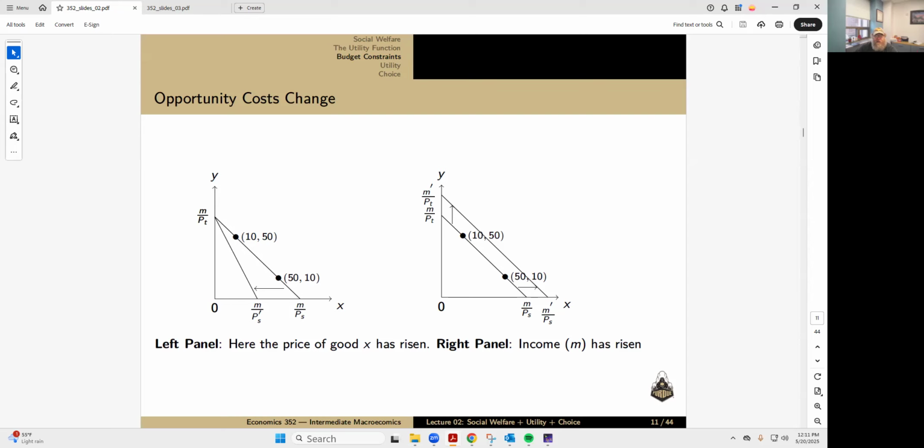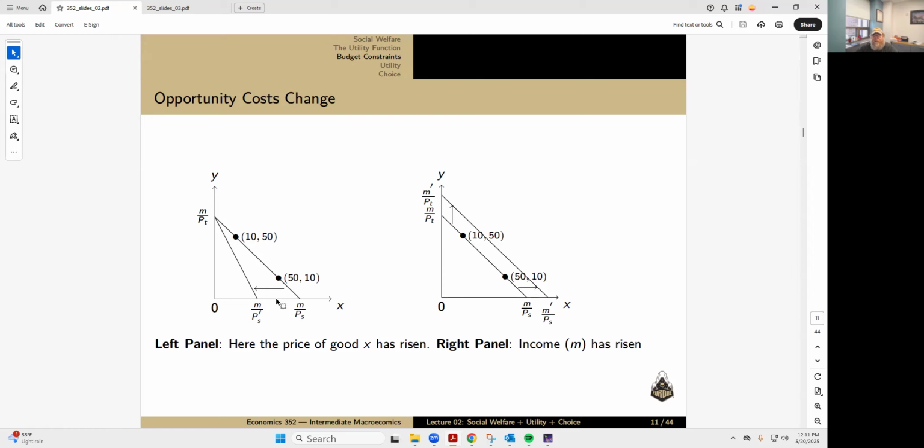So if I move from, say, this bundle to this bundle, you can see that it requires, right, that I give up an amount of X in order to get an amount of Y. That's the classic definition of opportunity cost. If I want to increase my consumption of Y, I have to decrease my consumption of X.